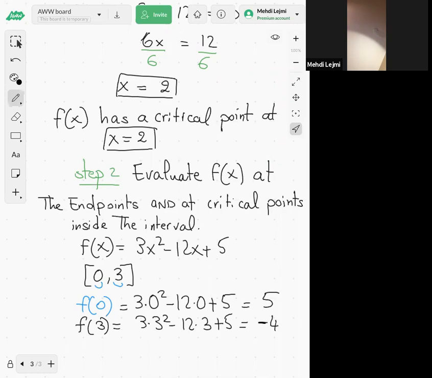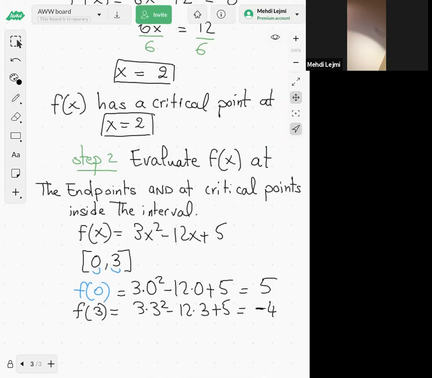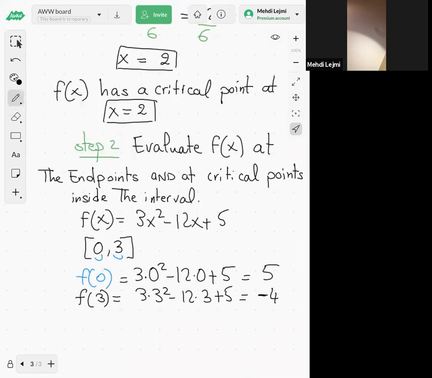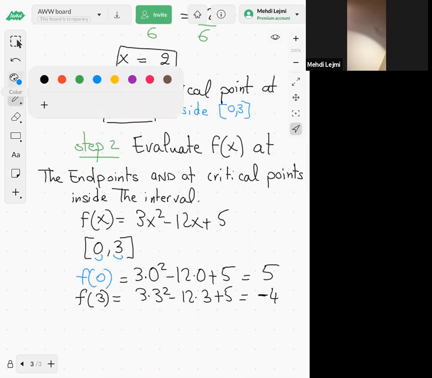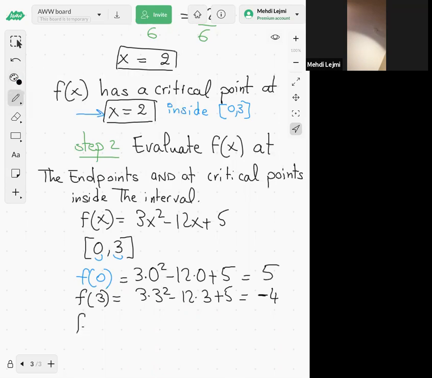Now I have one critical point, x equal to 2, and 2 is of course inside the interval 0, 3. Because it's inside the interval, I have to evaluate f of 2, my critical point.